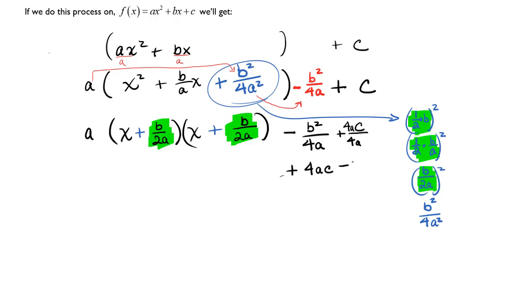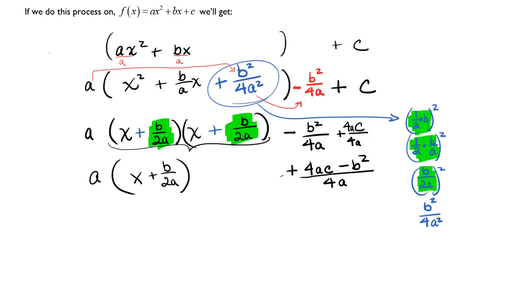Getting a common denominator for our c on the outside, we're left with 4ac minus b squared all over 4a. I can rewrite my perfect square trinomial as a times x plus b over 2a quantity squared plus 4ac minus b squared all over 4a.